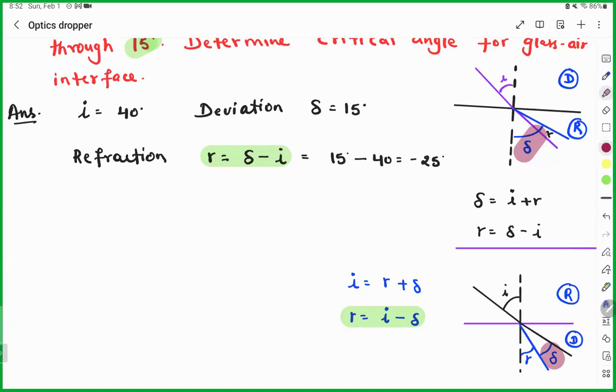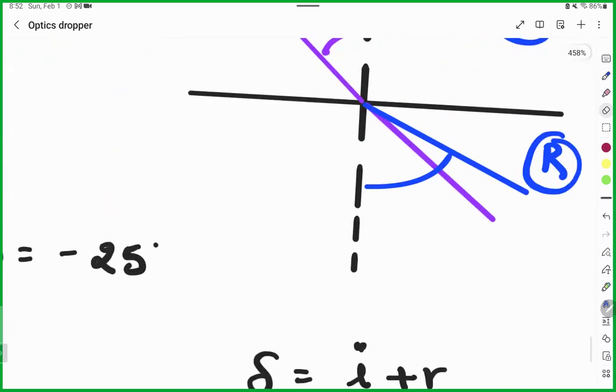Now you got why I was asking again and again, any doubt. Yes, sir. But from denser to rarer, you will add up the deviation value, sir, because it is going away from the normal. So that means addition. Even in this situation, it is deviating. From the original path it is deviating, so from the normal to that should be addition, no?